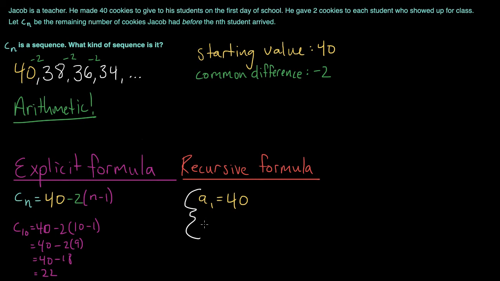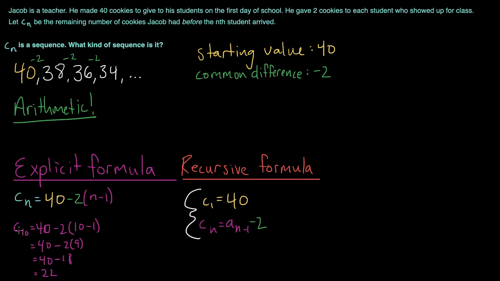So a sub n is equal to whatever the previous term was, which is a sub n subtract 1, and then we subtract 2 from that. I said a here, but really the sequence is not a, it's c, and so we have c sub 1 and c sub n.